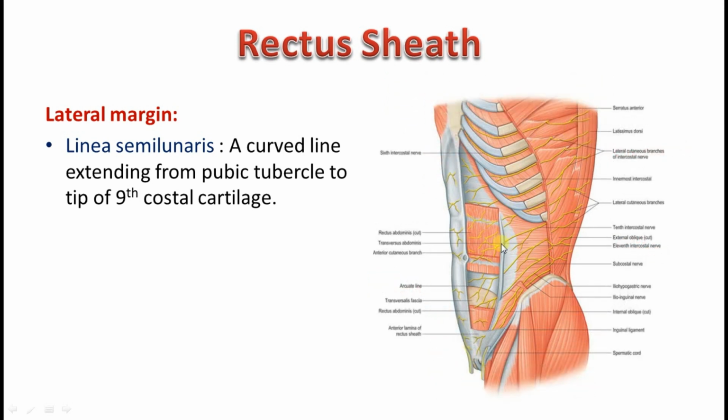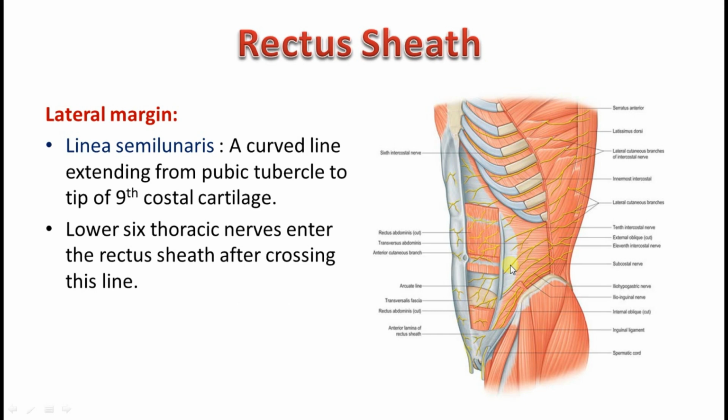This lateral margin is actually pierced by the thoracic nerves, the lower 6 thoracic nerves. They actually pierce the rectus sheath, and then they enter the rectus sheath crossing this line.